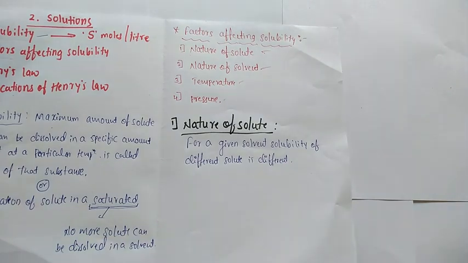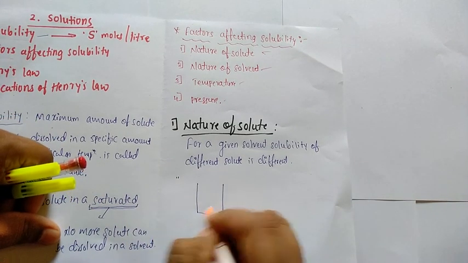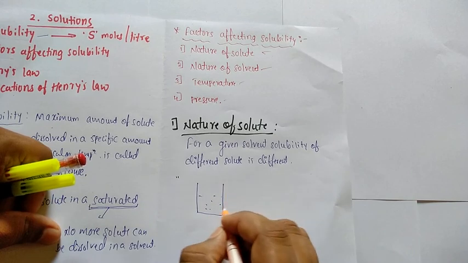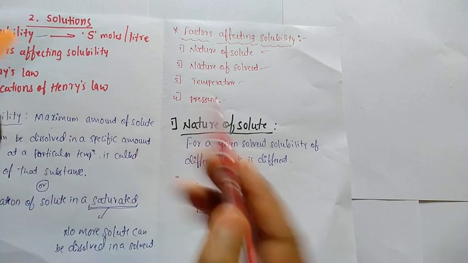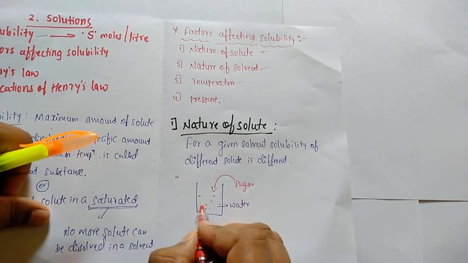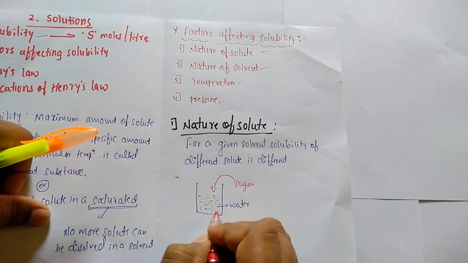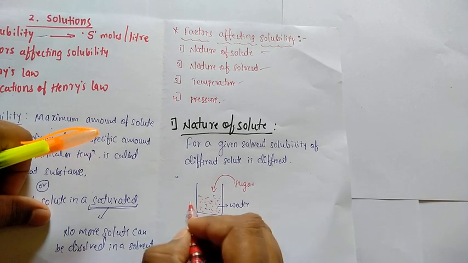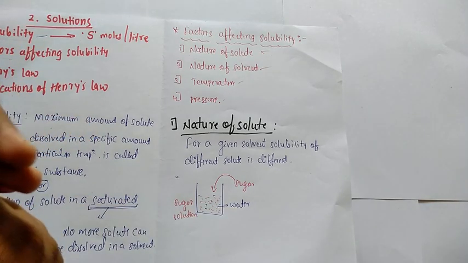I already explained one example. Sugar dissolves easily in water. Take water and just add sugar to it. After the dissolution of sugar, water and sugar are in the same phase, which means it becomes a sugar solution. Sugar is easily dissolved in water.